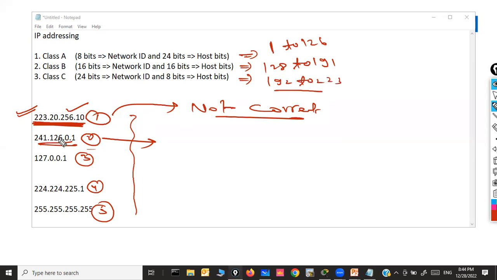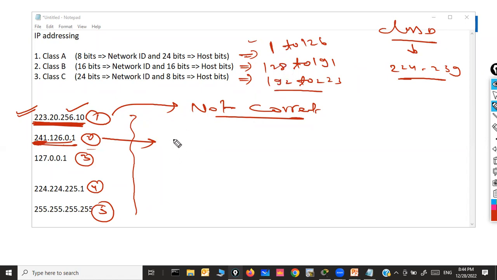And here the first octet is 241, so it's not in class A, B, or C. Obviously 241 is beyond class C. It's a class D address, because the class D range is 224 to 239. So at least the IP address doesn't fall in any unicast IP addressing category A, B, C.